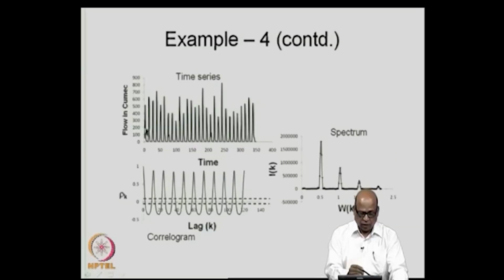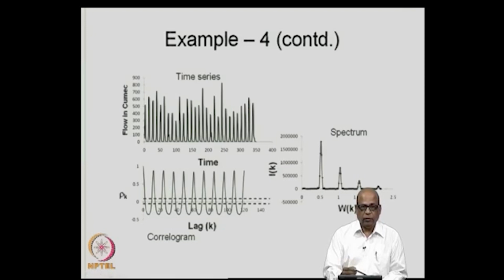I again repeat that right from the time series plot, you suspect that there is a periodicity, because there is a regular pattern. The flows are increasing and then decreasing and so on with fairly good regularity. That information is also seen in the correlogram, which indicates that there is a periodicity present in the data.